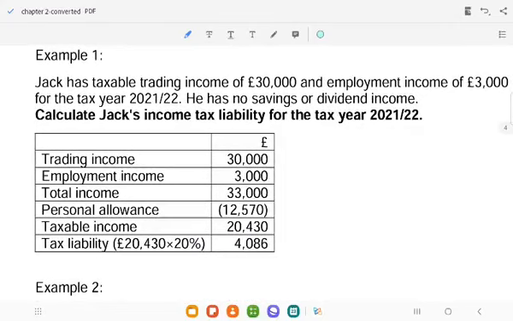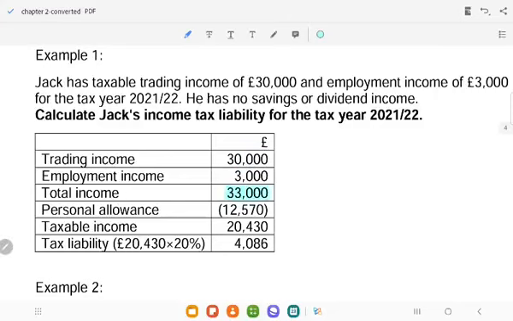Jack has a trading income of 30,000 and employment income of 3,000. How to calculate his tax liability? Here the total income of Jack is 33,000, and as there is no contribution to gross gifted donation or personal pension fund, the same is your adjusted net income.